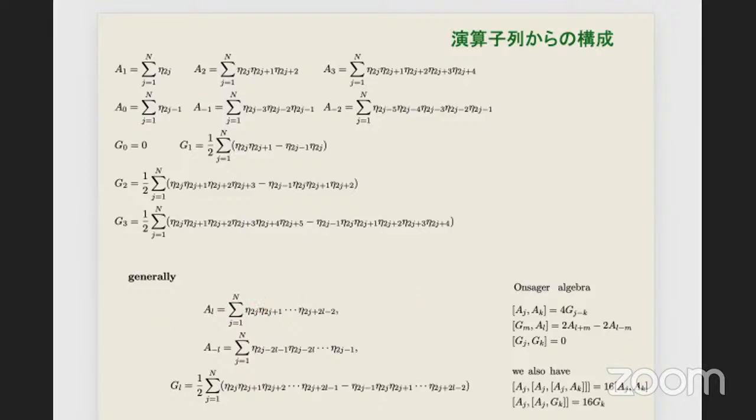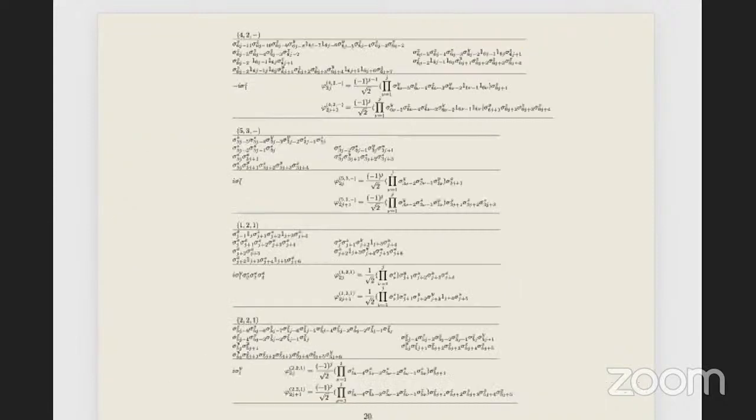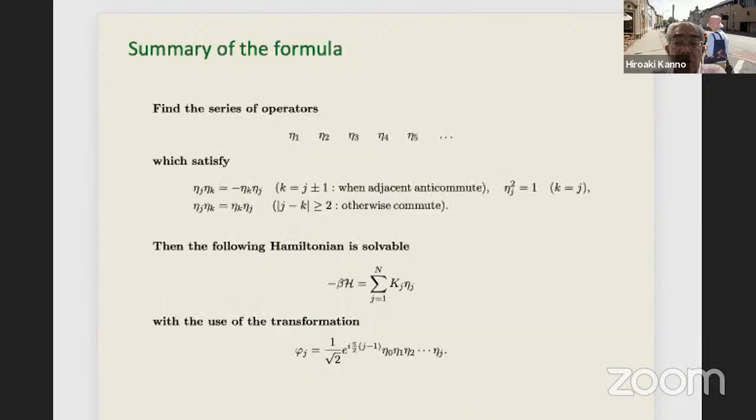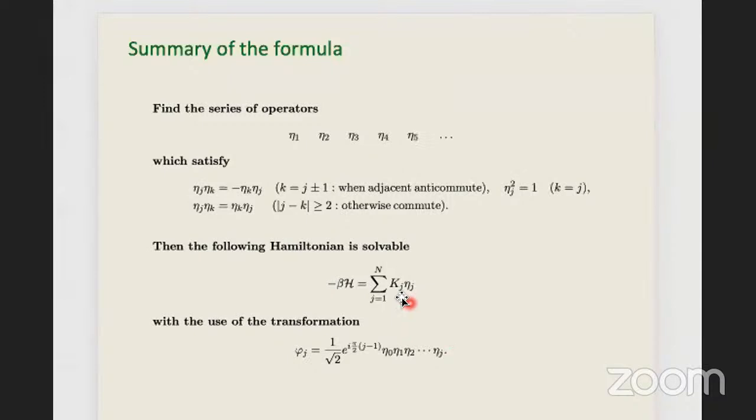Sorry. For example, are there any general prescription to find eta? So this Hamiltonian is written here. The local Hamiltonian and the interaction is written eta j. And when these eta j satisfy this condition as a series of operators, this Hamiltonian can be transformed to the free fermion system by this transformation.